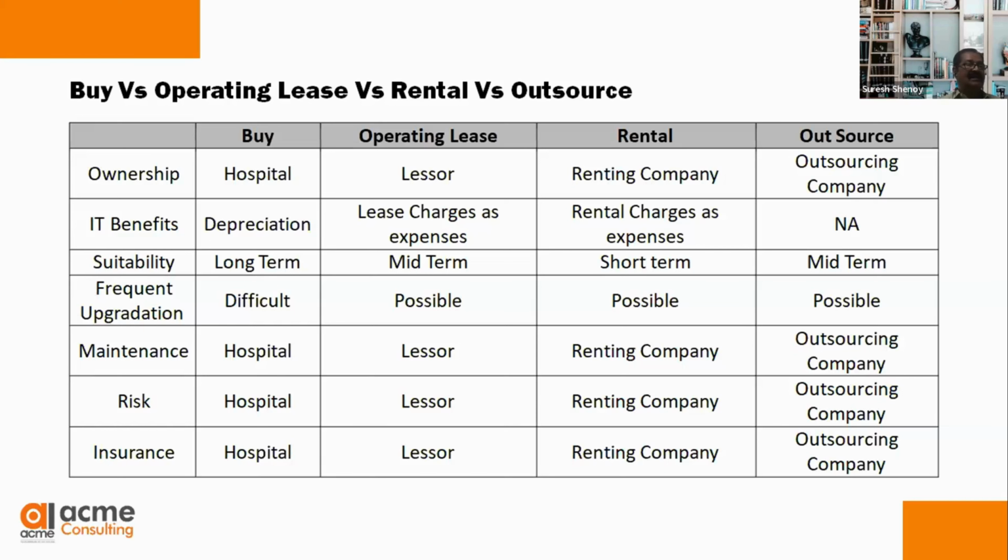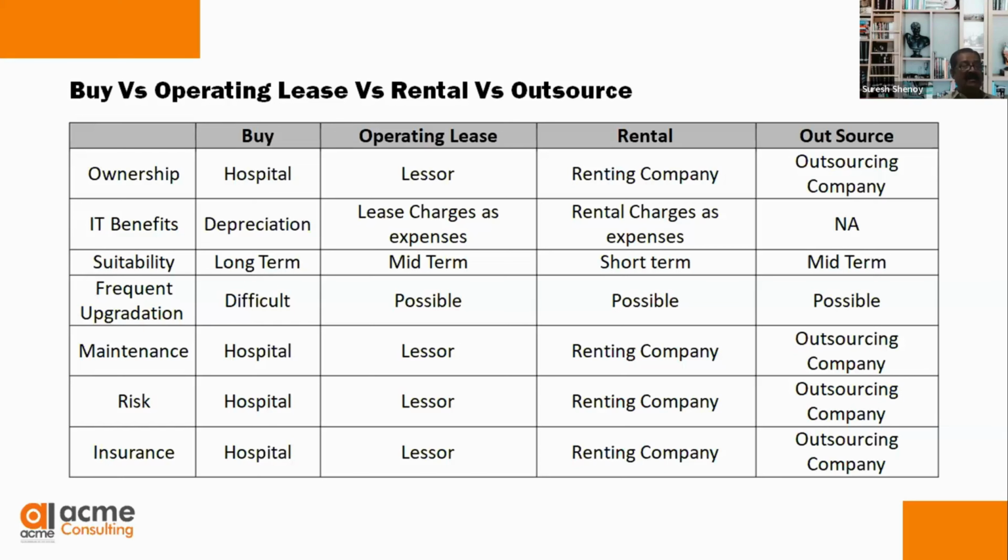except in the case of buying, everything will be taken care of by the seller itself, or the lessor or the renting company, so that you don't have the headache of going in for maintenance. That is also included.